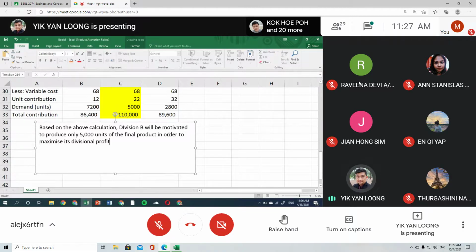This is goal congruent for the division and will lead to corporate optimality, right?